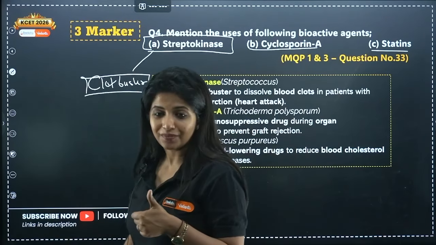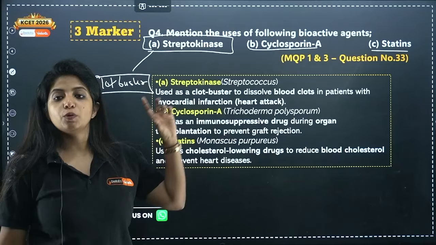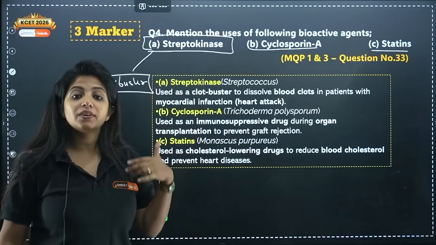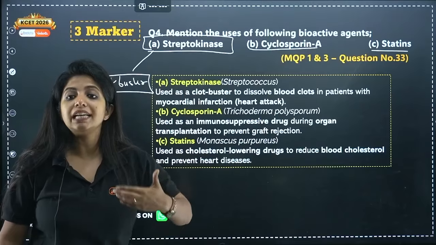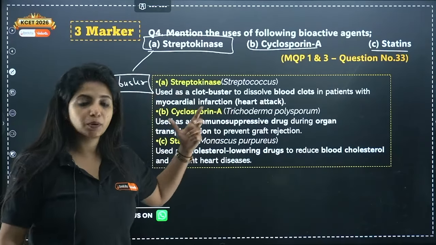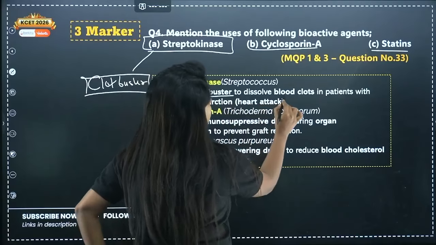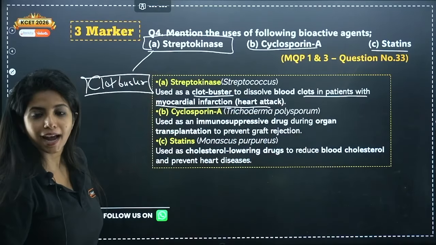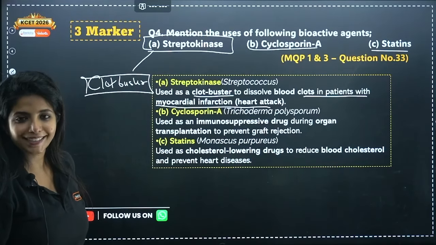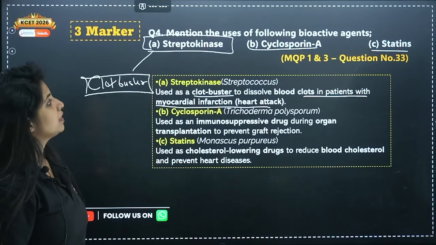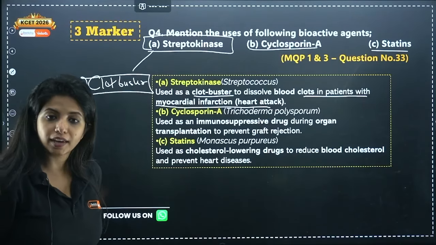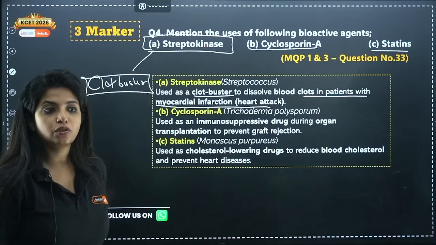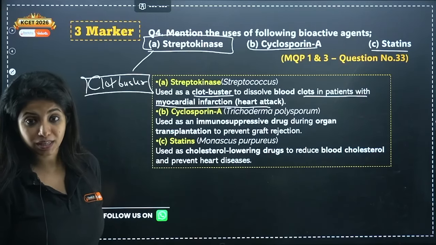It's an enzyme, my dear children, produced by Streptococcus. Whenever someone has a heart attack or myocardial infarction, that's when this is given. Used as a clot buster to dissolve clots in patients with myocardial infarction, that is heart attack. These are the uses of bioactive agents, or the uses of microbes in the medical industry to be specific.